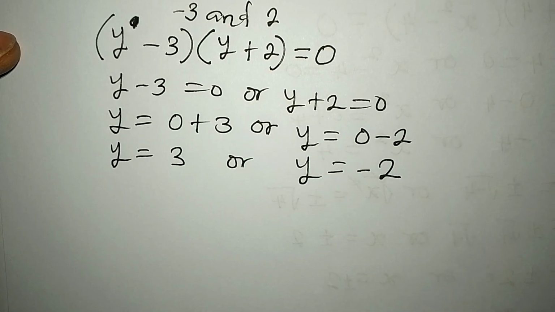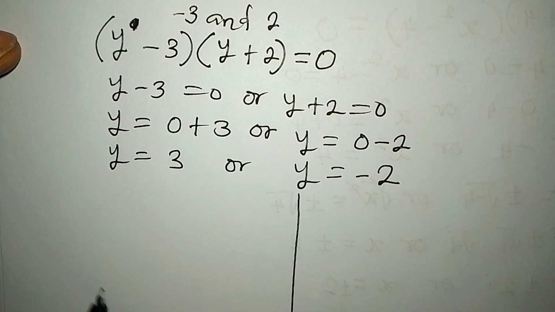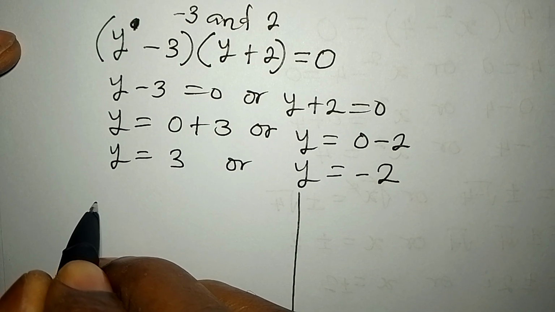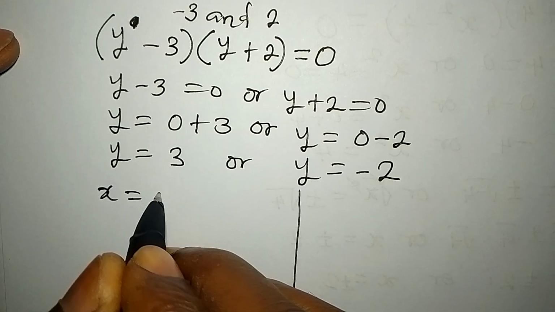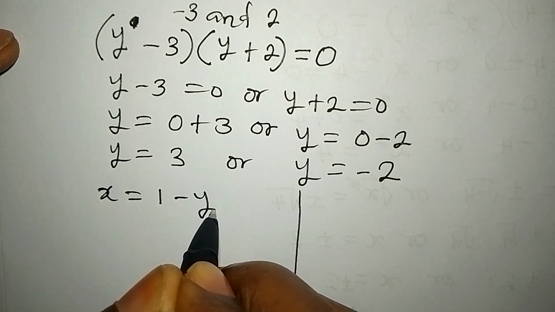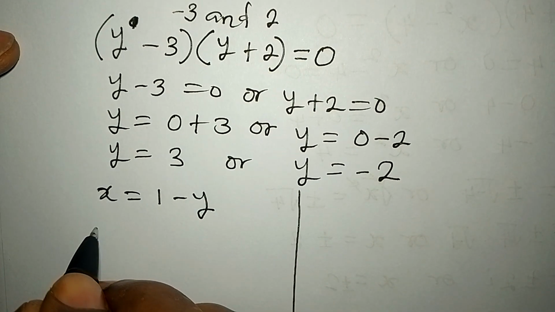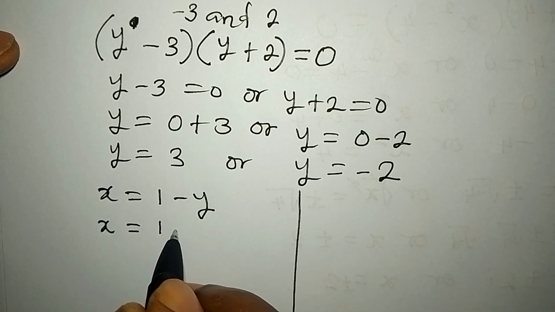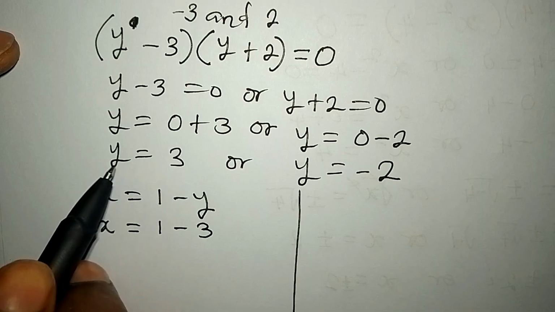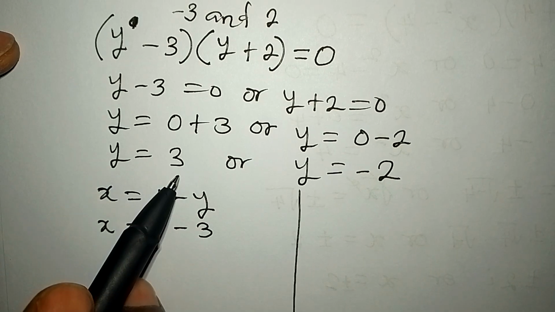Okay, but then let's go straight back to our equation 3, where we have x equal to 1 minus y. So we are saying that our x will now be 1 minus 3, because at this point I'm using y to be 3.